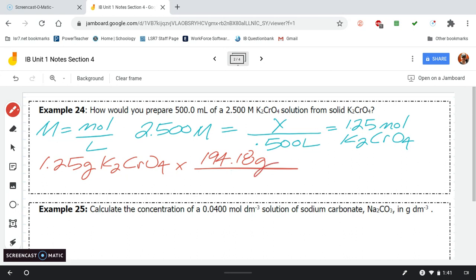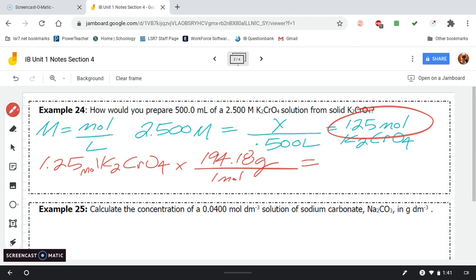So 194.18 grams. And I did make a mistake over here. Need to fix that. That should say moles, because we're just using that right there. So 194.18 grams for every 1 mole. And we're going to run that through, taking that times 1.25 moles.